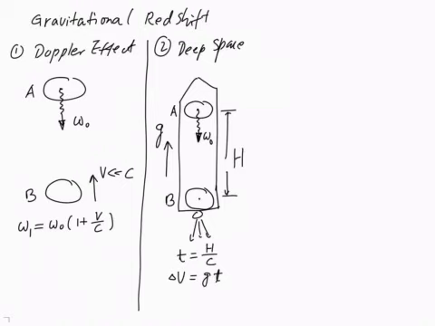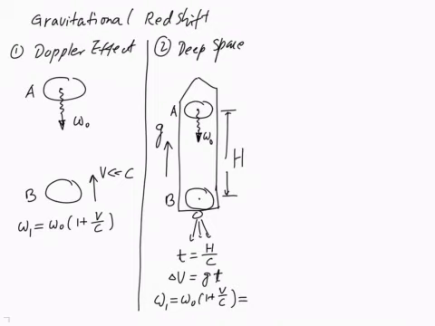So with those two, according to the Doppler effect, omega 1 received by observer B is equal to omega 0 times (1 + v/c).